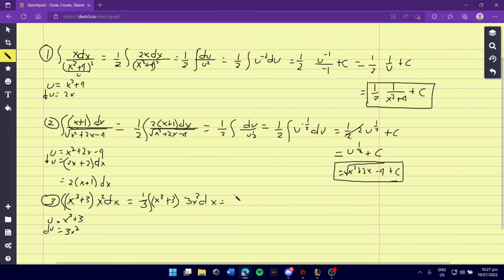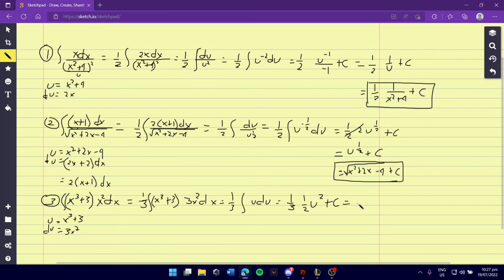So this will become 1/3 times the integral of u du. Next, we integrate u. The integral of u is simply u squared over 2. So it will become 1 half. So 1/3 times 1 half, u squared plus c.